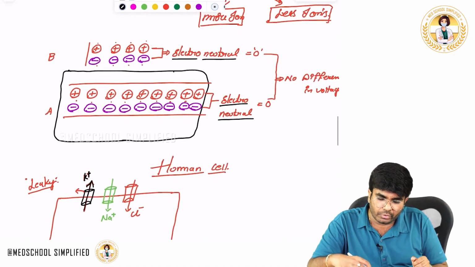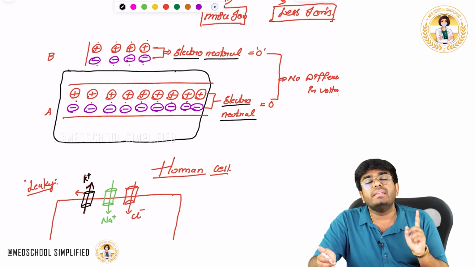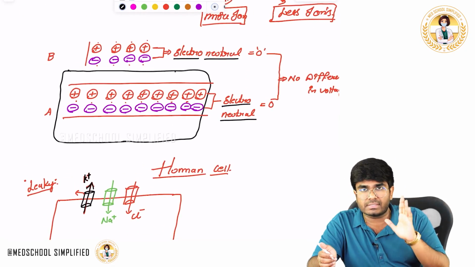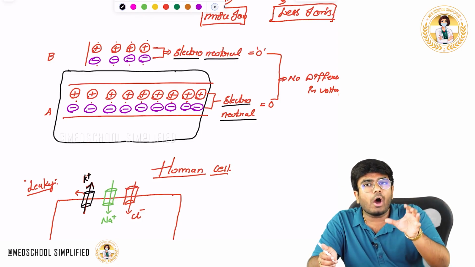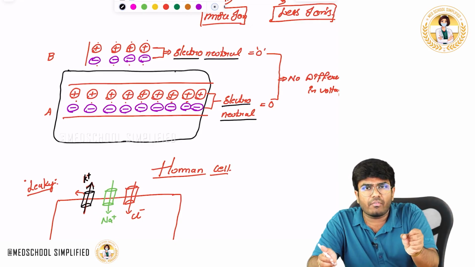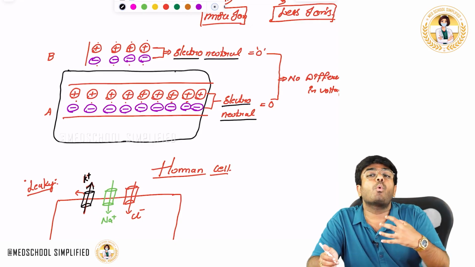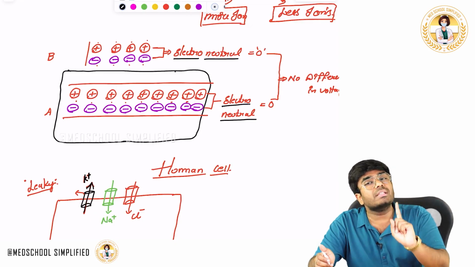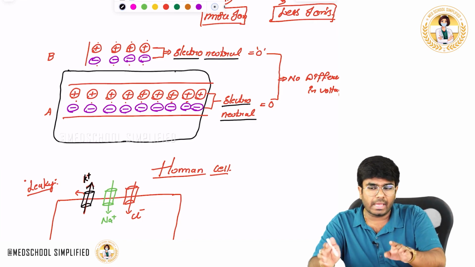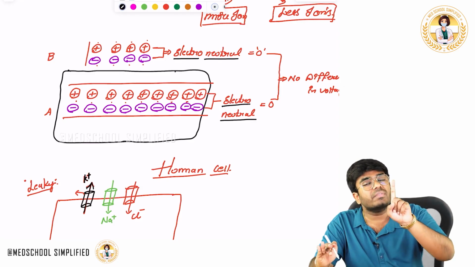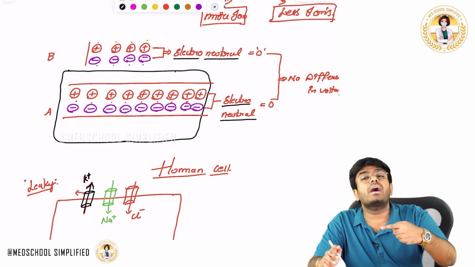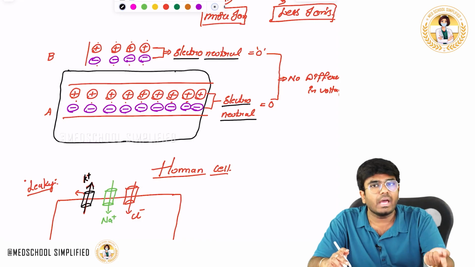There is no electrical gradient. But what I want you to know is, there is a concentration difference in the amount of ions. Outside there are less number of ions, inside there are more number of ions. Electrically they are neutral, but there is concentration difference. Because of this concentration difference, the ions will leak either in or out.